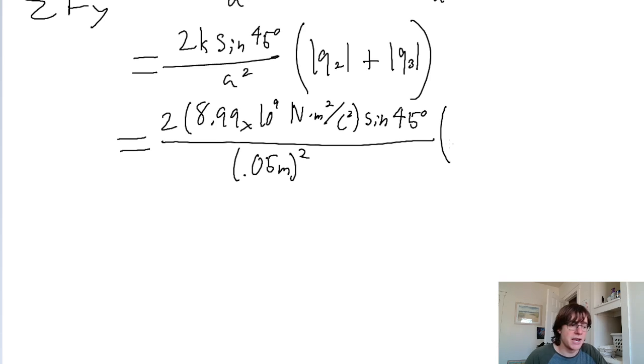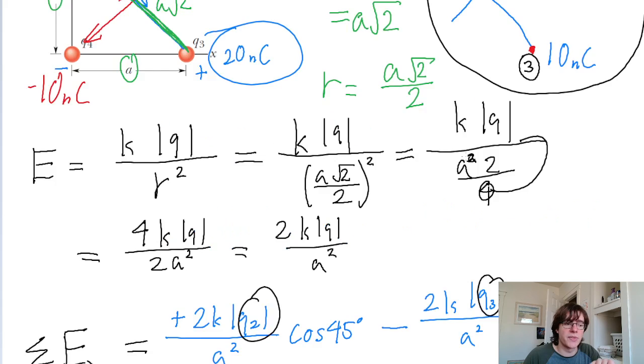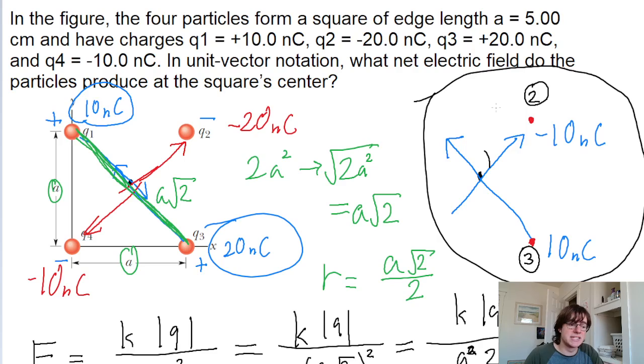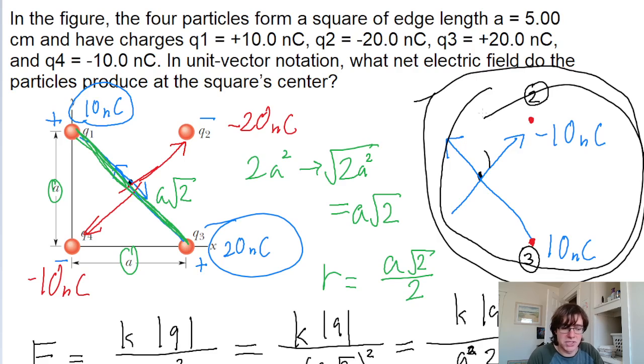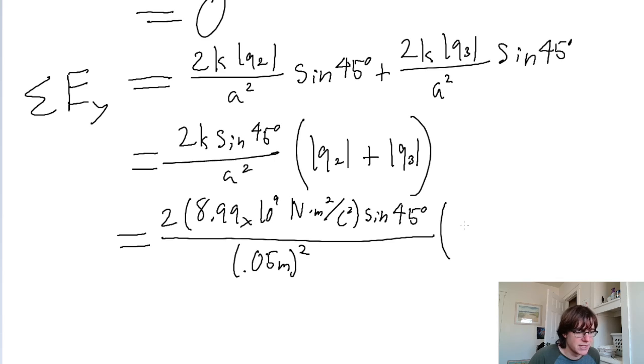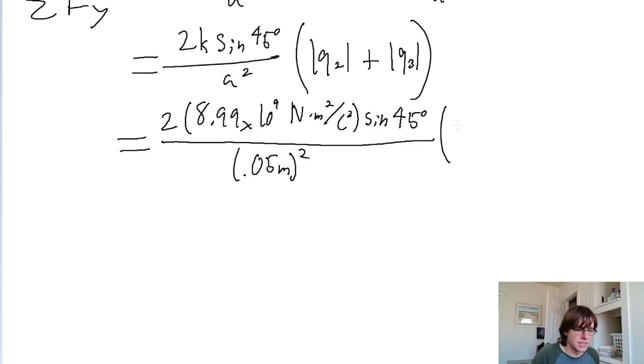When I write q2 and q3, this is specifically as it pertains to our simplified diagram. So instead of using the problem's values, we'll use the simpler, smaller values of negative 10 nanocoulombs and positive 10 nanocoulombs. So this is 10 nanocoulombs, or 10 times 10 to the power of negative 9 coulombs, plus 10 nanocoulombs again, 10 times 10 to the power of negative 9 coulombs.